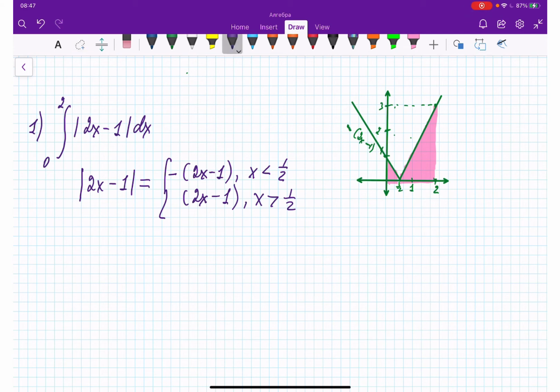We are going to break down the integration between 0 and 1/2 for the negative part, correct? Then we have negative (2x minus 1) dx, plus the integral from 1/2 till 2 of positive 2x minus 1.